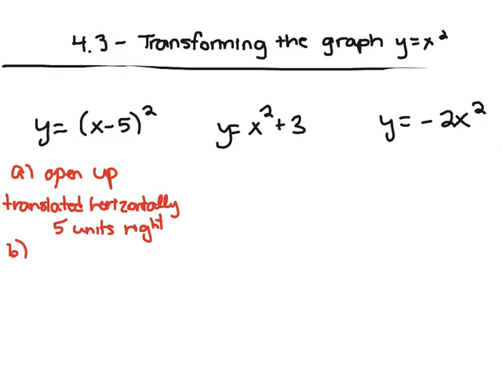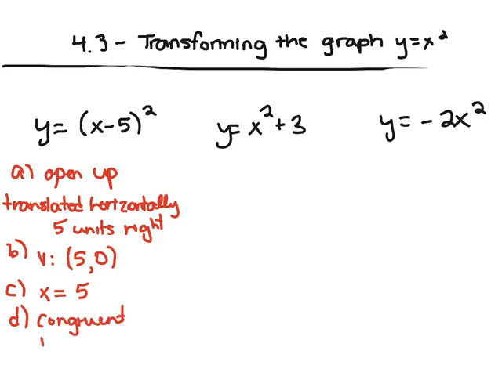So our vertex has to change 5 units to the right, x-wise, so our vertex turns into 5, 0. Axis of symmetry is equal to our x value, and this will be congruent to y equals x squared.